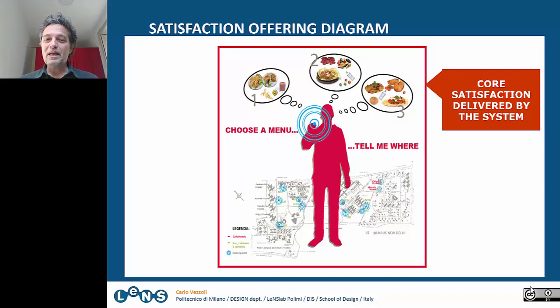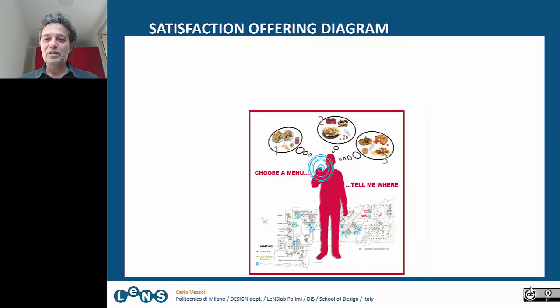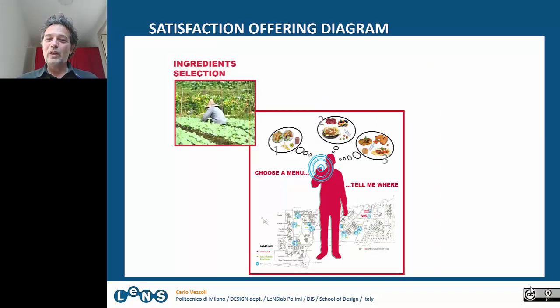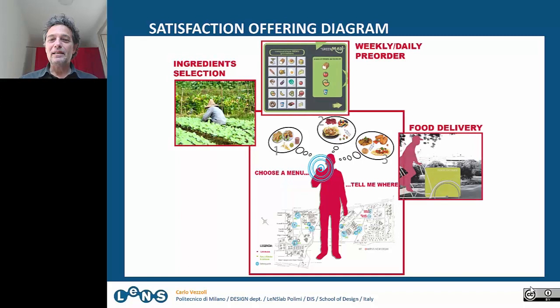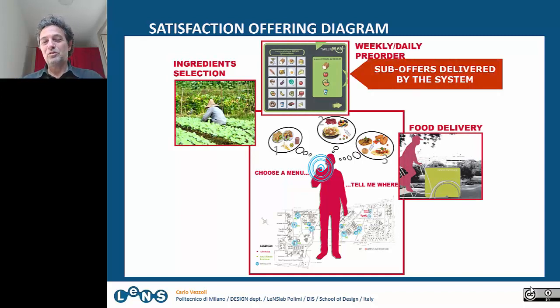Okay, so when this is made, and this is the first thing that is made in a process, you can go on by describing the suboffers with which the core offer is delivered. Again, we have representative images with some short text. Like here we see ingredient selection, weekly, daily, pre-order, or food delivery.